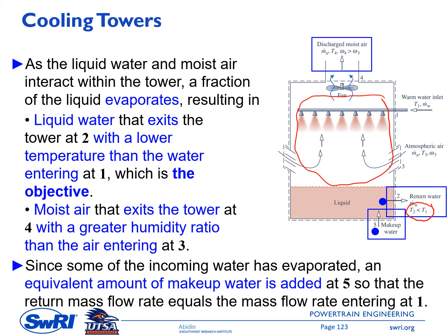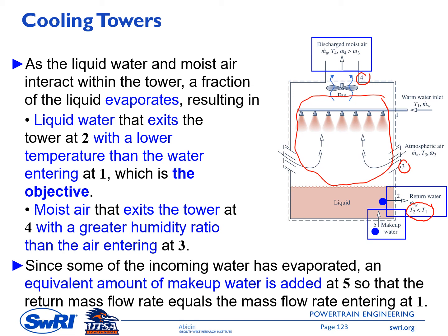The second impact of this interaction is that moist air that exits the tower at 4, here at the top, will have a greater humidity ratio than the air entering at 3. This makes sense because there is an evaporation of the water.